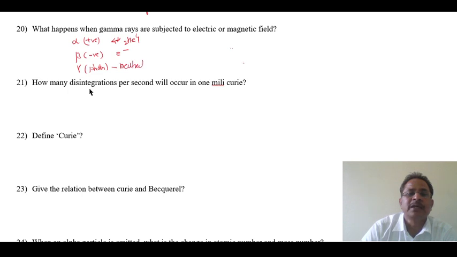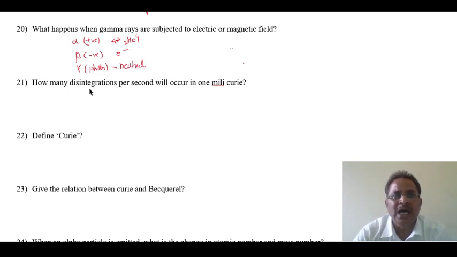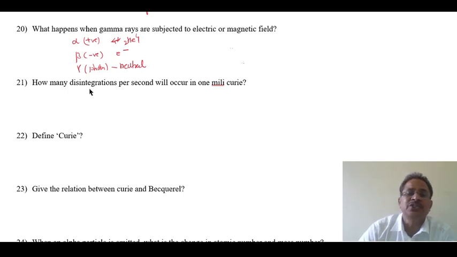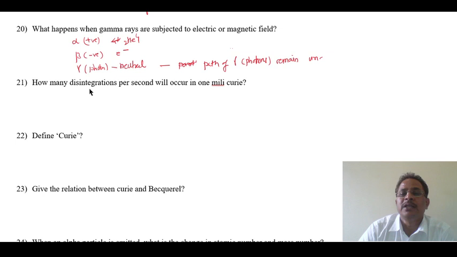The magnetic and electric fields do not affect these photons at all, so that is the actual answer we require here: the path of the gamma photons remains unaffected.